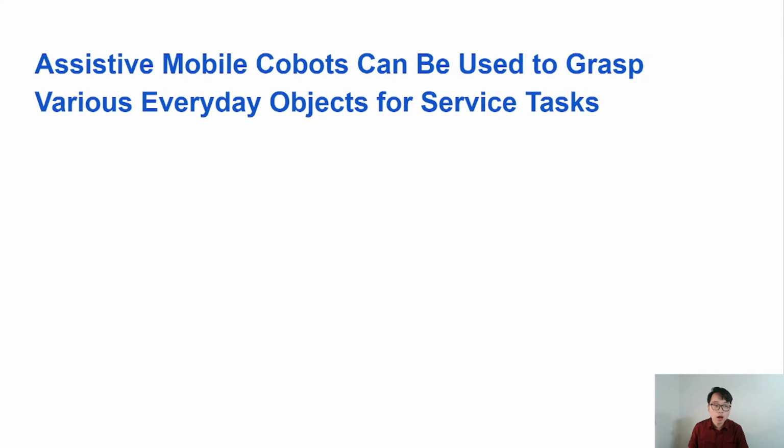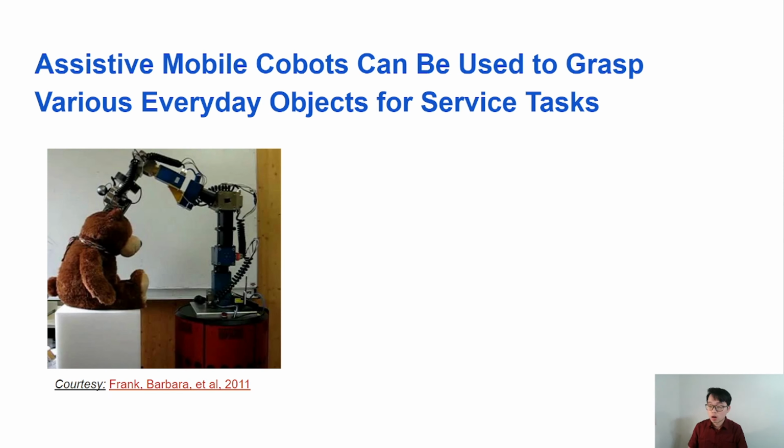As we know, assistive mobile cobots can be used to grasp or manipulate a lot of everyday objects for service tasks, especially for indoor robots. For example, we will have a lot of robots to assist our kids, like to grab the teddy bear or their dolls.